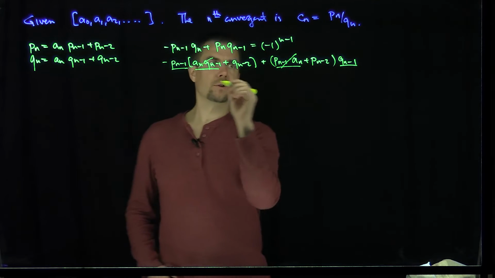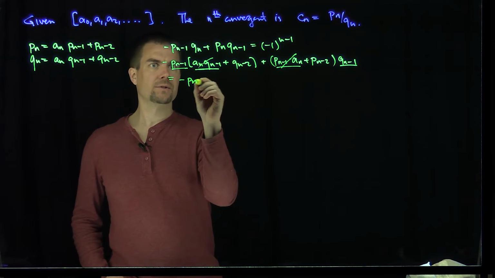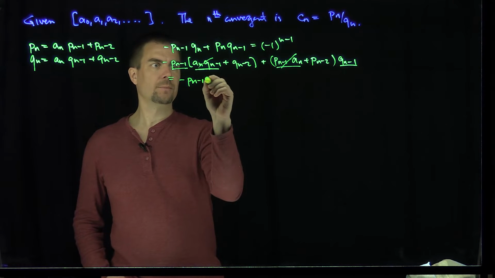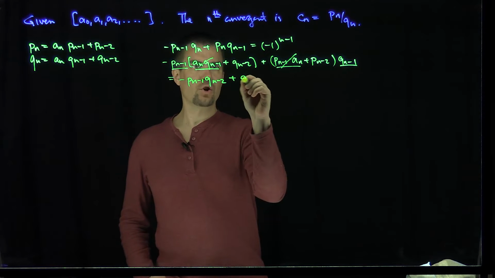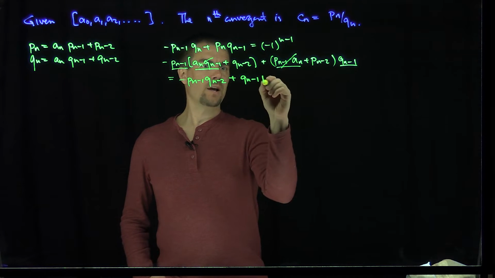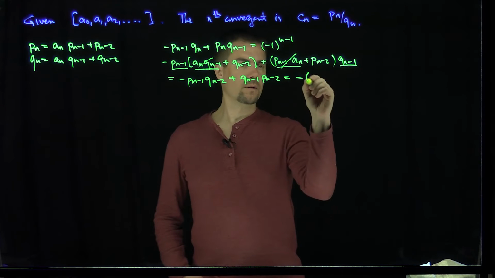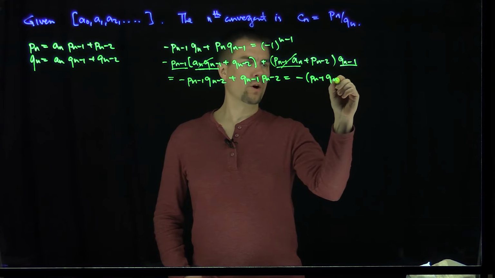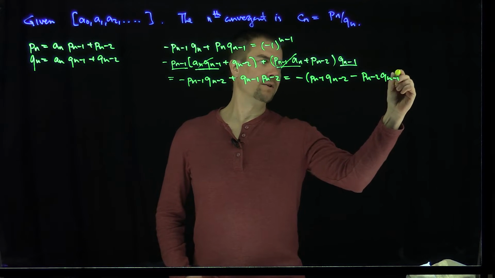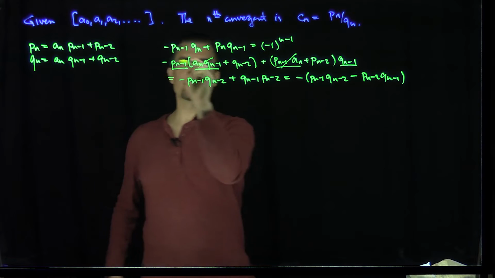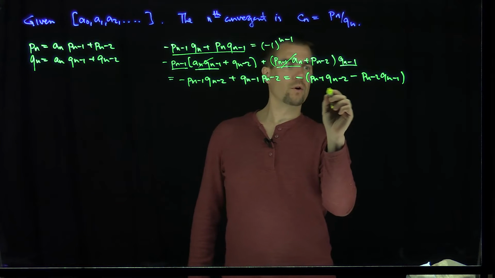I'll just be left with negative Pn minus 1 times Qn minus 2, plus Qn minus 1 times Pn minus 2, which is the negative of Pn minus 1 Qn minus 2 minus Pn minus 2 Qn minus 1. And so I've reduced the index in my original statement by 1 unit.